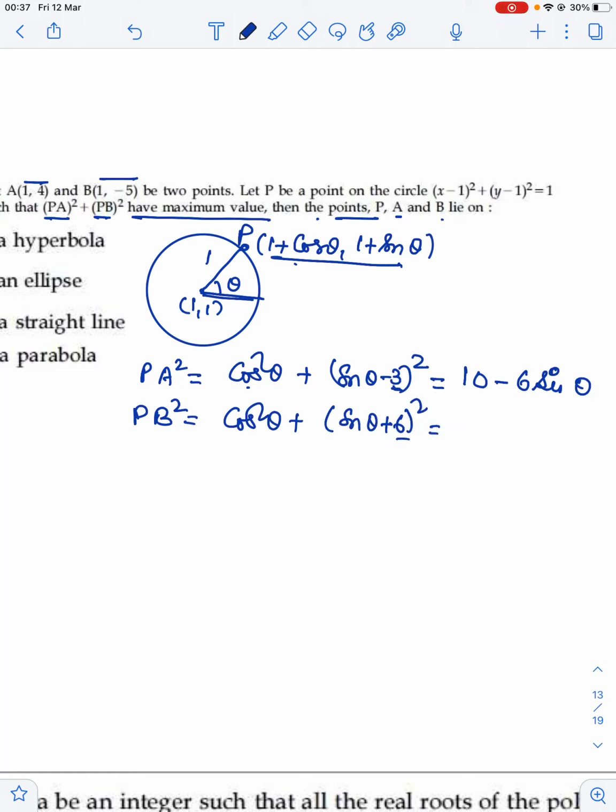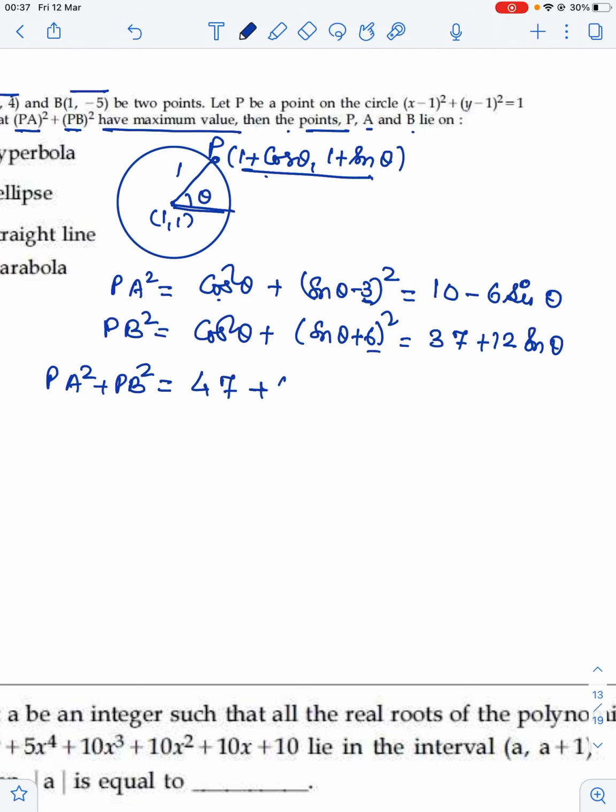So this is 36 and 1 is 37, plus 12 sine theta. So PA square plus PB square is 47 plus 6 sine theta. And for the maximum value, theta has to be equal to 90 degrees.